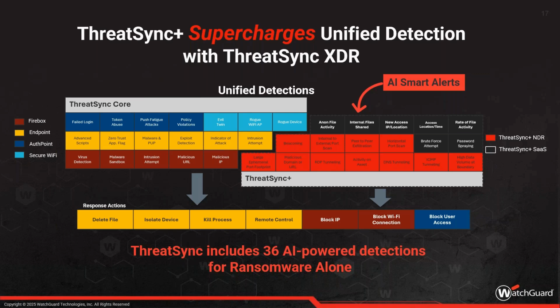And then again, bringing them all together for response capabilities as well. And the holistic solution with ThreatSync Plus and our ThreatSync XDR solution includes around 36 AI-powered detections for ransomware alone. So the mutual solution here is much more powerful with the inclusion of the ThreatSync Plus capability.